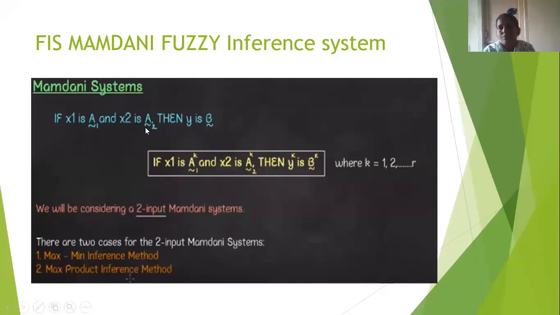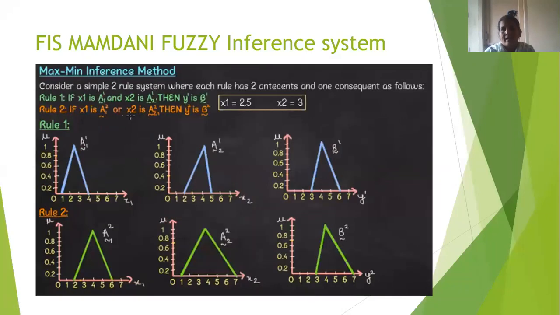Two fuzzy inputs resulting in one fuzzy output. So we are considering two simple fuzzy rules which contain two antecedents and one consequent.